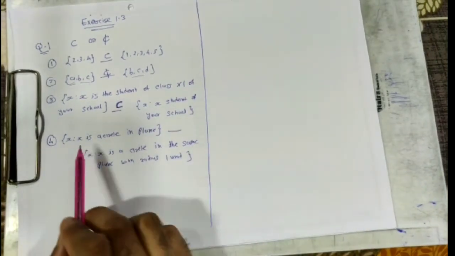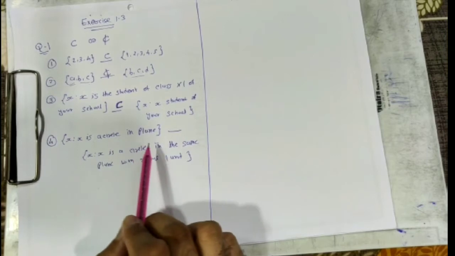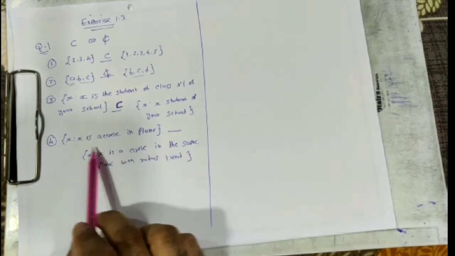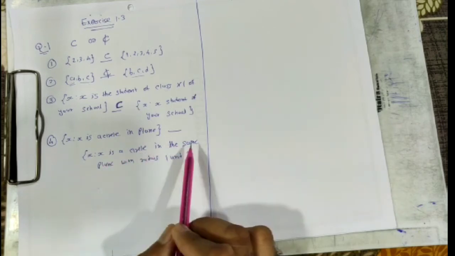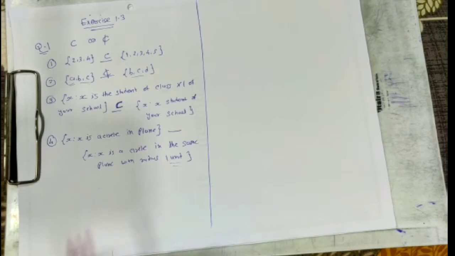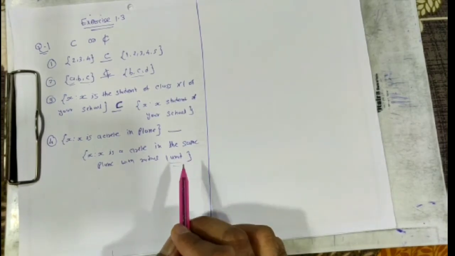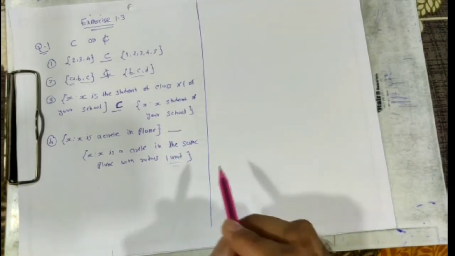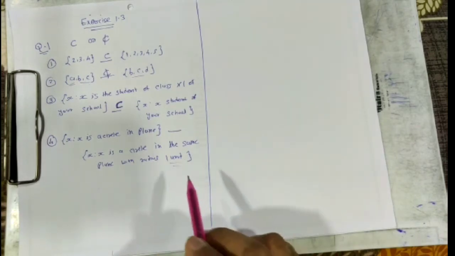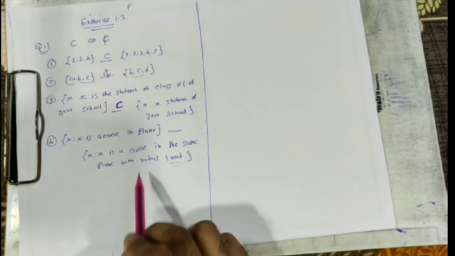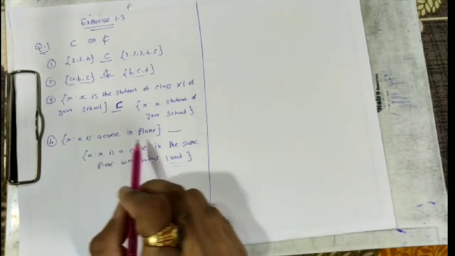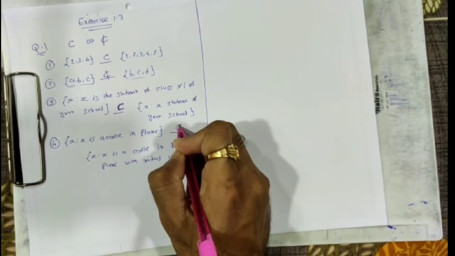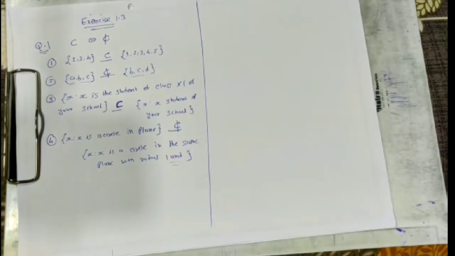So for the first set, there are infinite circles in a plane, and for the other set we have to consider the circle in a plane with only 1 unit radius. So we can get only one circle with a fixed center. If we change the center, then we will get infinite circles, but these are not common to the first case. So we can say that the set of circles in a plane is not a part of the set of circles with 1 unit radius. So it is not a subset. Clear?